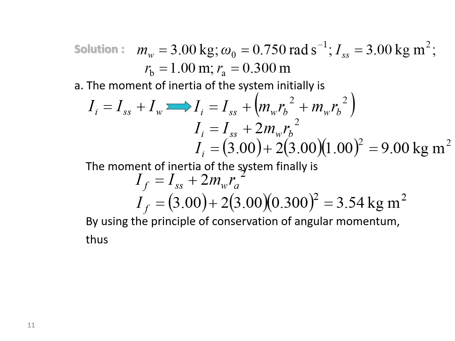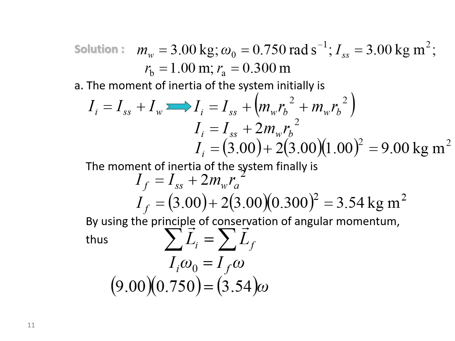Using the principle of conservation of angular momentum, the total initial momentum will be equal to the total final momentum: I initial times omega naught equals I final times omega. So we can determine the final angular velocity, which ends up as 1.91 radian per second.